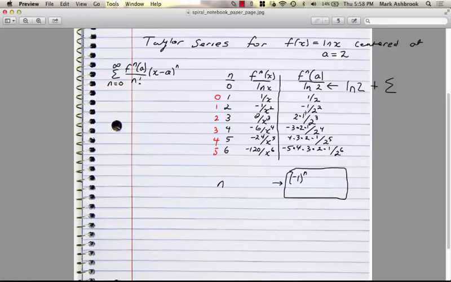And then what's our numerator? When n equals 1, it's 1. When n equals 2, it's 2 times 1. N equals 3, it's 3 times 2 times 1. What is that? N factorial. What's our denominator? Okay, but that's with this new adjusted value of n, right?